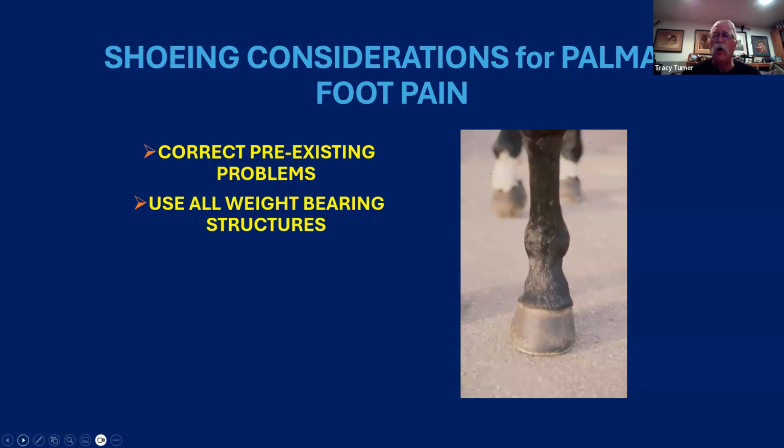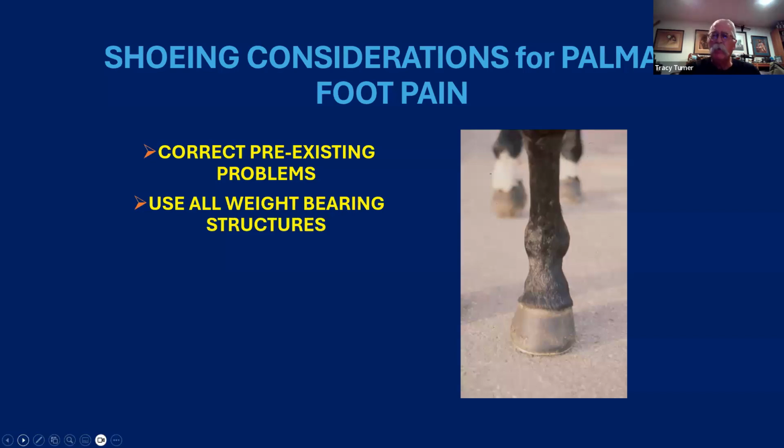You need to use all weight-bearing structures, which is the same as Andrew indicated when he's using the pour-ins. And I find they work really well. One of the issues that was talked about was excessive pressure on the frog. So one of the very important tests for me as I'm looking at what shoeing I want to use is the frog wedge test, to tell me how much frog pressure I can place on a horse.